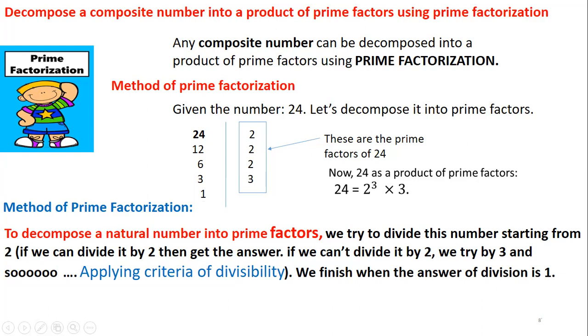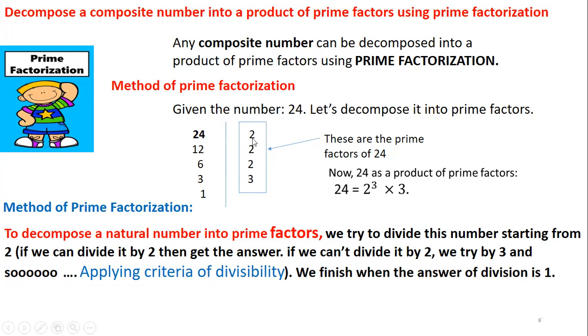When does my method of prime factorization finish? It finishes when the answer down here is 1. So the numbers put inside this box, these are the prime factors of 24. So I say 24 is equal to 2 times 2 times 2 times 3.